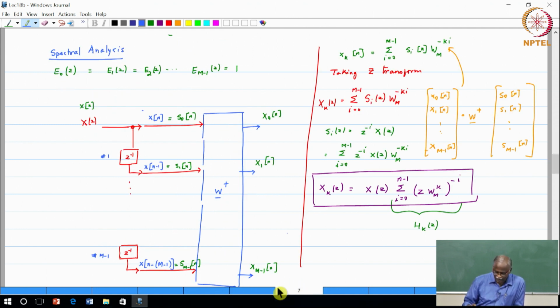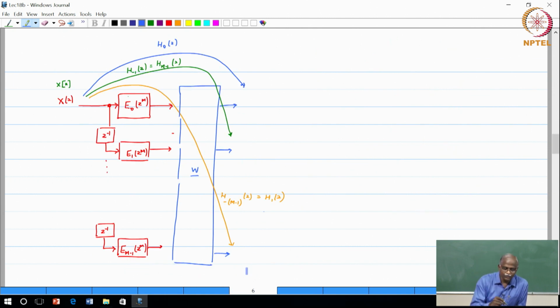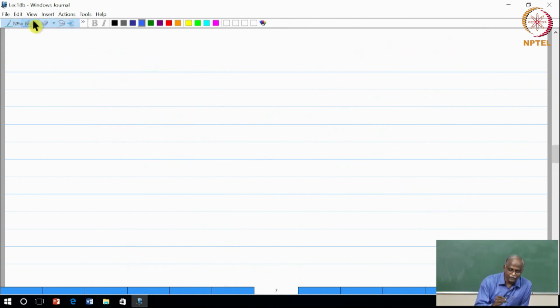We then looked at a special case. Now, this special case was what linked us to spectral analysis. The special case was when all the polyphase components were equal to 1. That is the same as saying H0(z) equals 1 plus z inverse and so on, up to z to the power minus (M minus 1).